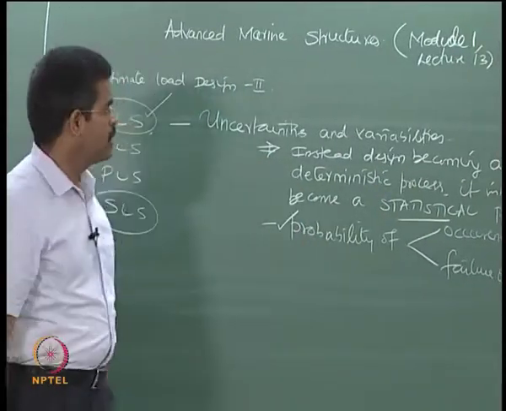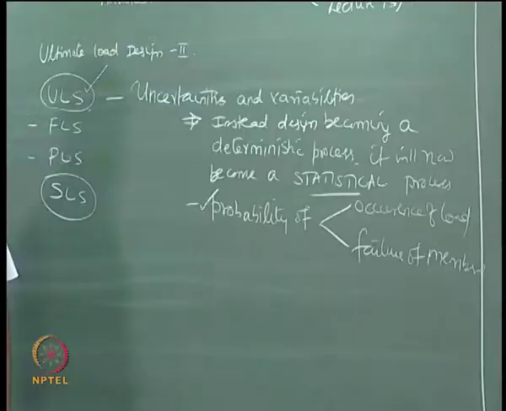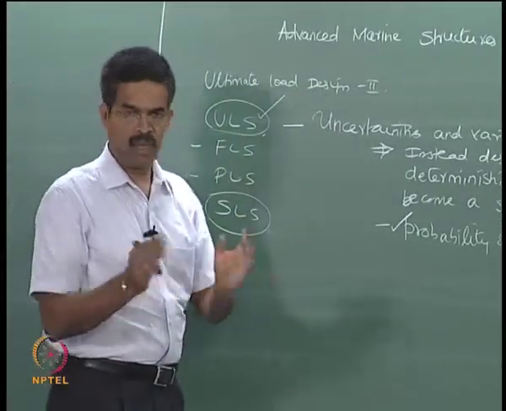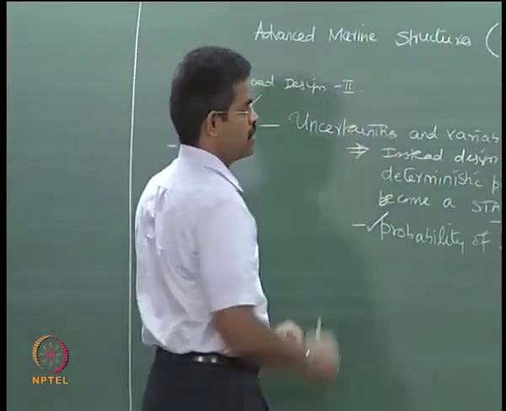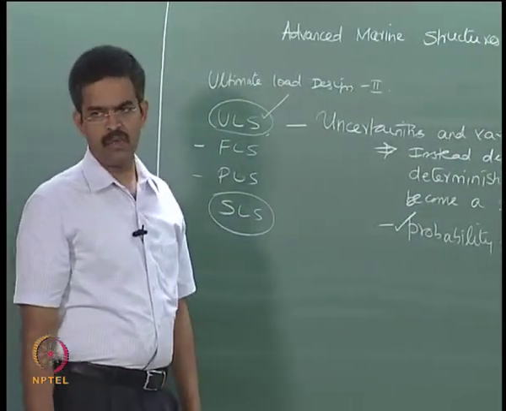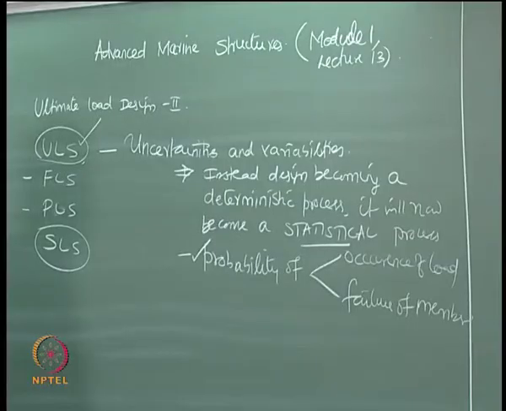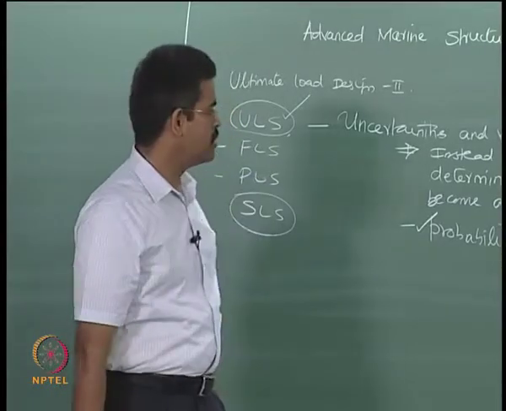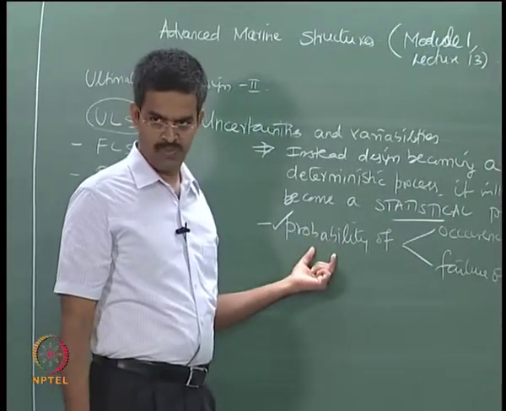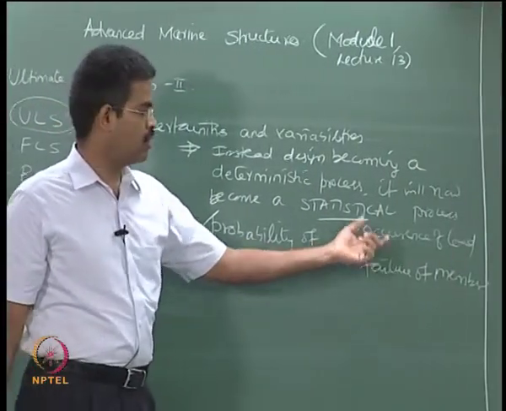So, there is always now a probability being introduced because I am talking about a statistical process. This is an immediate consequence once we agree that my ultimate load design mechanism has a lot of uncertainties and variabilities. Now, interestingly, as an engineer, the question that comes to mind is, can I avoid these uncertainties so that I need not look into the probable values of failure or safety or occurrence of loads?